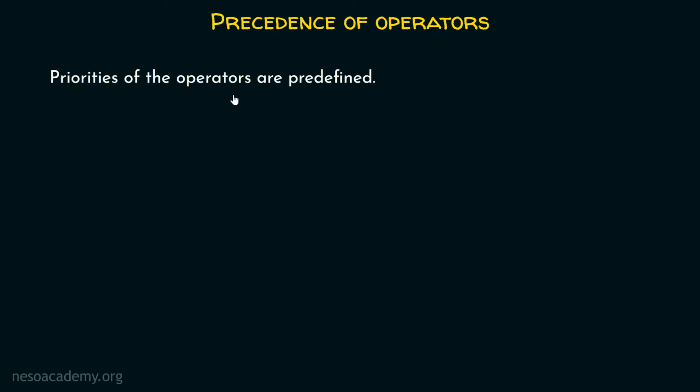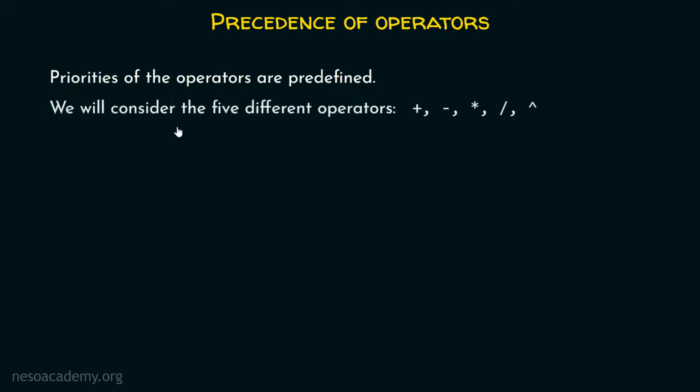Priorities of the operators are predefined, and we just have to follow that. We will consider only these 5 operators: plus, minus, multiply, divide, exponentiation. There are other operators as well, but for this presentation and the subsequent ones, we will consider only these operators for simplicity.